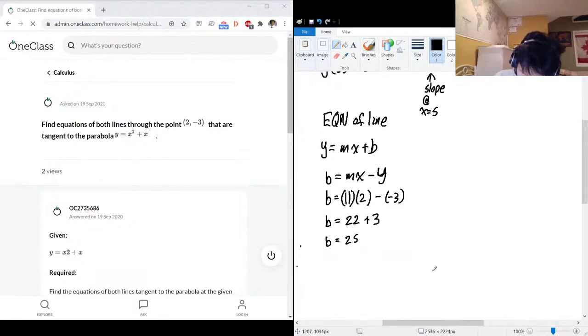So the equation of this line would be y equals 11x. Oh, oops. This should actually be negative 25. You see here, I rearranged wrong.